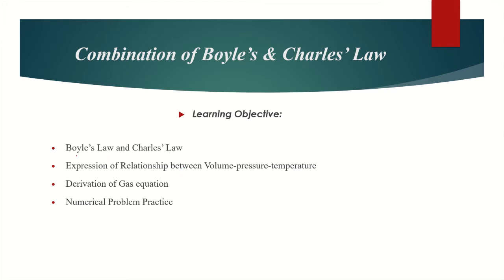We'll again revise what is Boyle's law and Charles' law, and then try to combine these two laws, which will give us the relationship between volume, pressure, and temperature. Then from this relationship expressed with Boyle's and Charles' law, we'll try to derive gas equation. And then we'll also practice some numerical problems and solve some questions together.